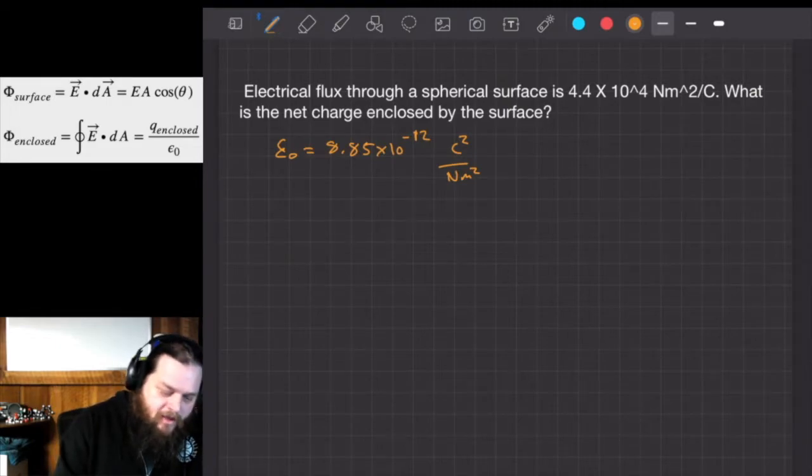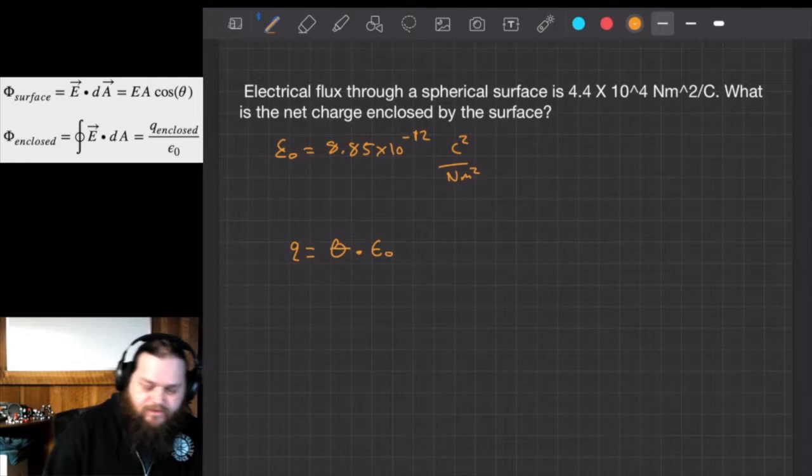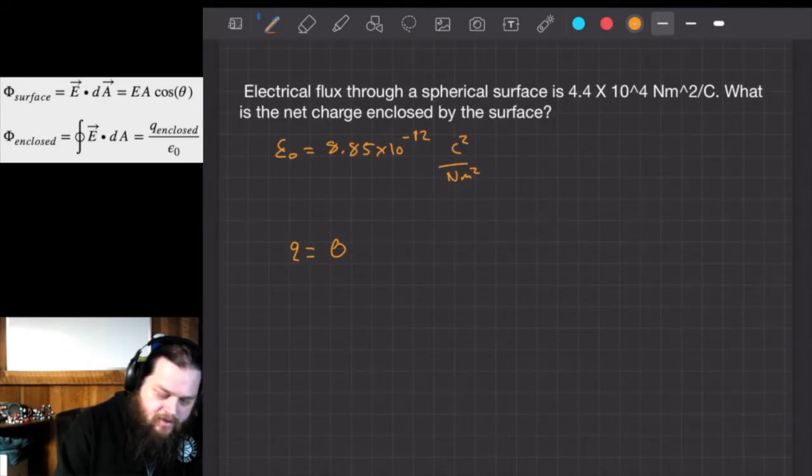But we can calculate this Q because it's going to be equal to the flux times epsilon naught.